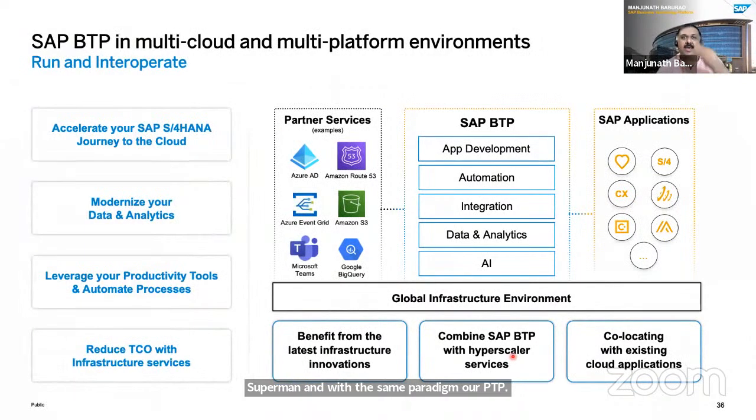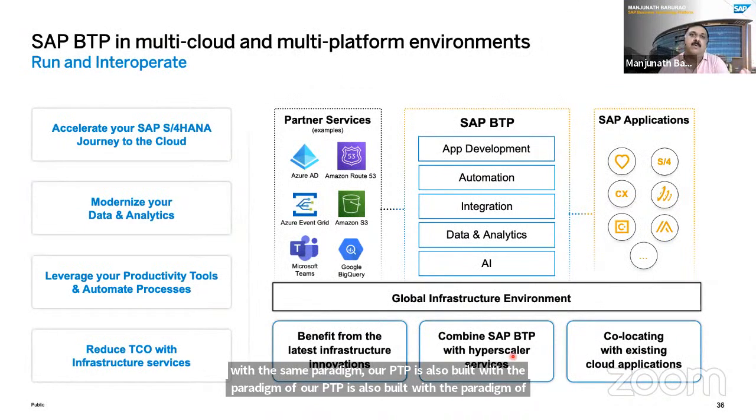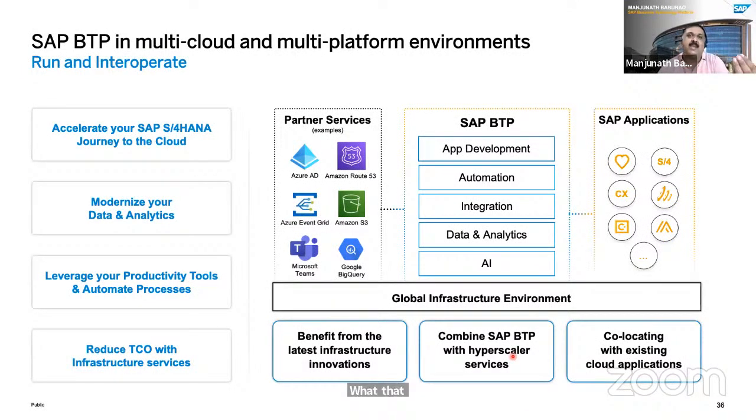What that means is we are a multi-cloud platform. We are deployed on hyperscaler infrastructures like Amazon Web Services, Microsoft Azure, Google Cloud, Alibaba for Chinese customers, and of course, some of our own SAP data centers. On top of that, we also make it open for our customers and partners to consume services from partners.